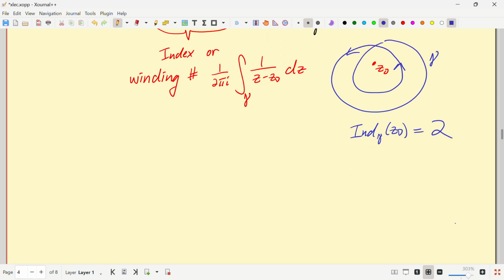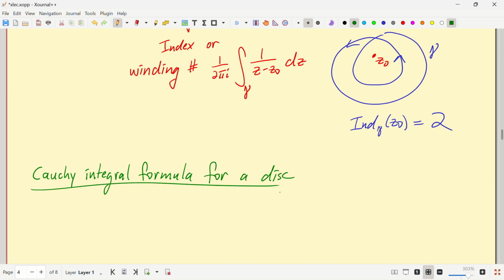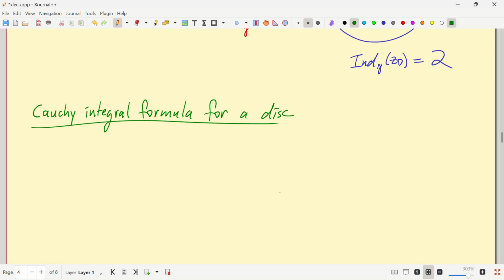Okay, that's a general Cauchy theorem, but now I'm going to do an easy one where I don't have to think so hard about the index. So here's the Cauchy integral formula for a disk. Okay, so here's my picture.